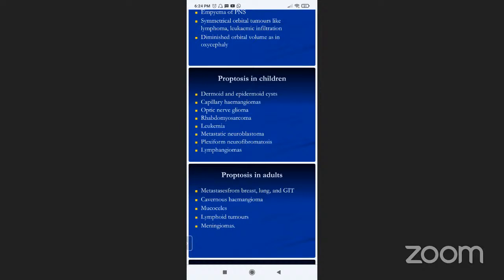Similarly, from the vascular tissue, cavernous hemangioma occurs in adults, whereas capillary hemangioma occurs in children. Then neuroblastoma, nephroblastoma, metastasis occur in children only, whereas metastasis from breast, lung, and GIT is usually seen in adults.